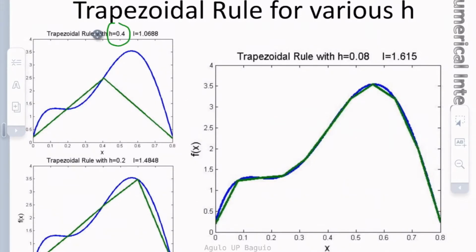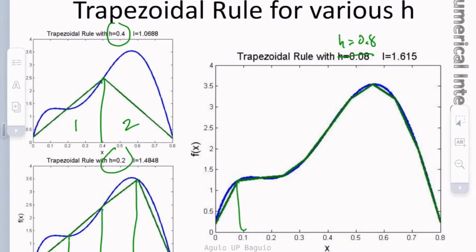Here we use the value of h equals 0.4, which results to two intervals, 1 and 2. If we use h equals 0.2, we have 4 intervals, and each interval is equal to 0.2. If we use 0.8, this is not 0.08, but instead 0.8, then we have 8 intervals.